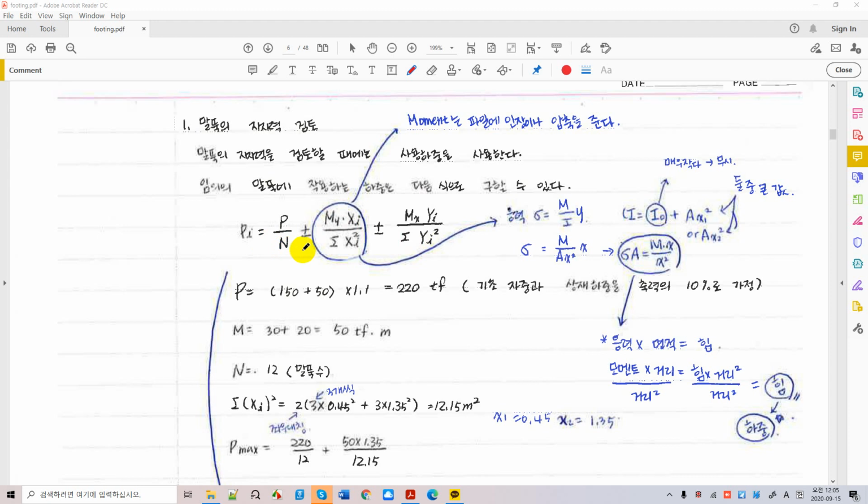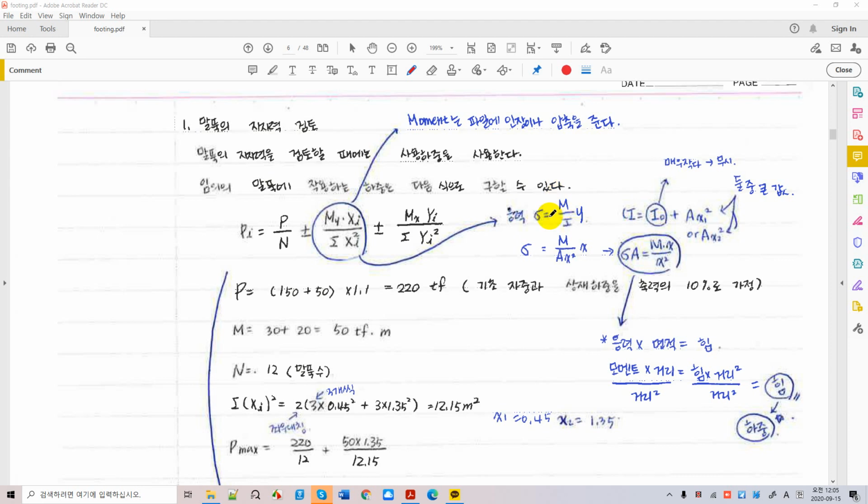And here we have two terms, the second contributed by the overturning moment. We all understand the formula: P over A is from the axial load, and My over I, in the x direction or y direction, is coming from the overturning moment, which is shown right there.